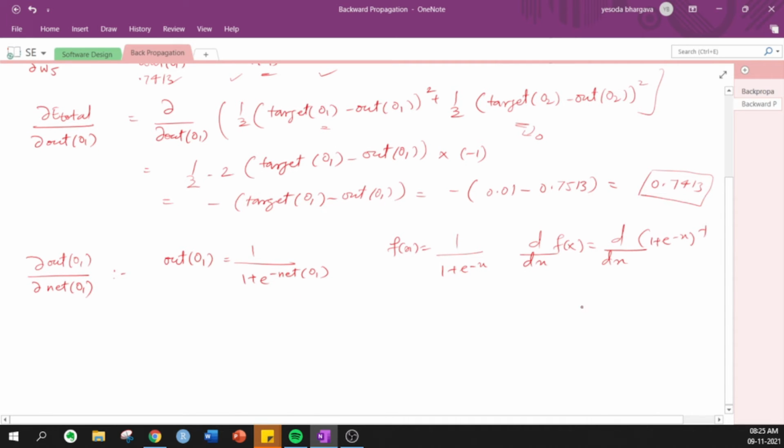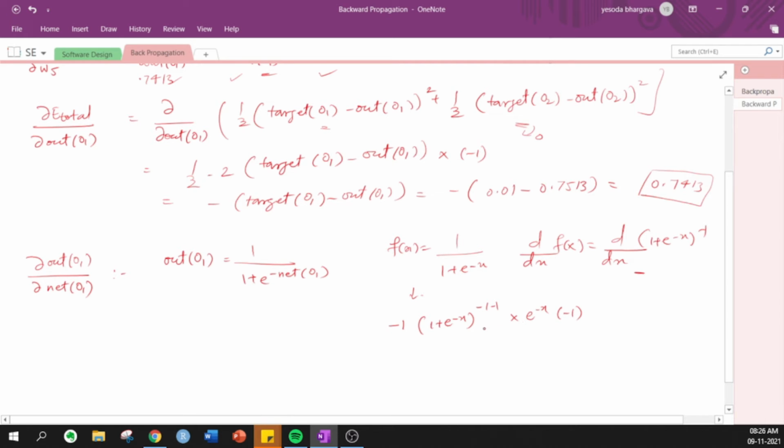When we differentiate this particular term, it will be minus 1 into 1 plus e raised to power minus x, raised to power minus 1 minus 1, which is minus 2, into e raised to power minus x into minus 1.